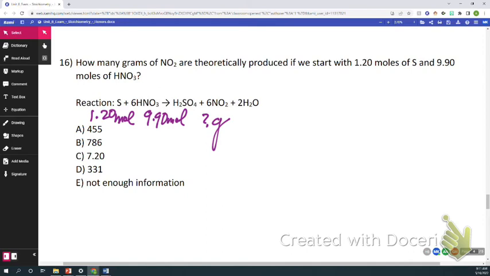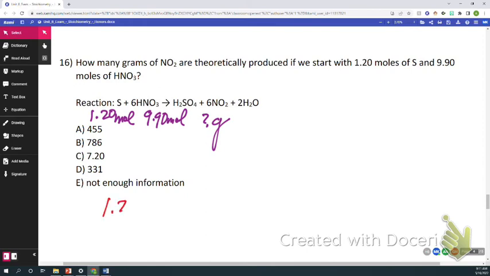For the two numbers they gave you, you just have to write both of them, mole ratio train separately. They give you mole and mole. Write the mole ratio train separately to NO2. And then whichever one's smaller, change it to grams.